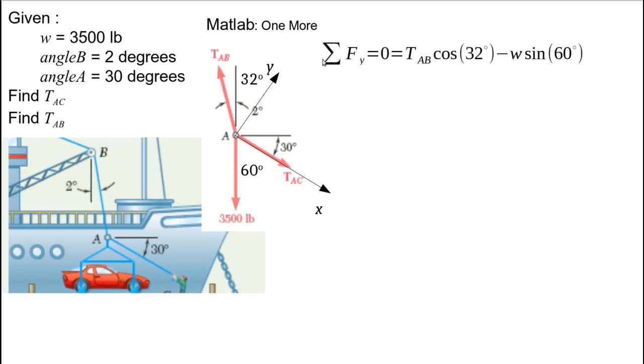So if we do our sum of forces in y, we get TAB times cosine of 32 degrees, minus the weight times sine. Again, sine is the opposite component, and we're looking for y, of 60 degrees. Well, this equation we can actually solve. The only thing we don't know is TAB, so we can solve this equation for TAB.